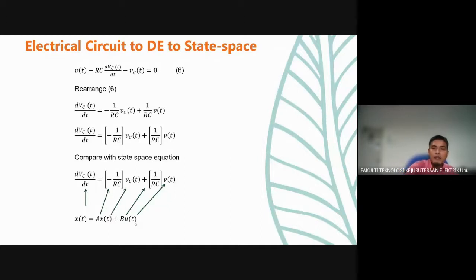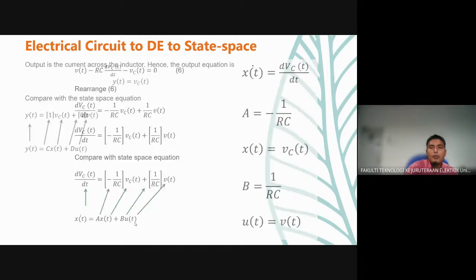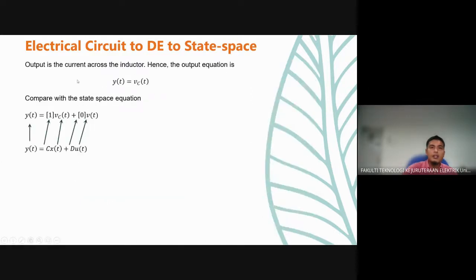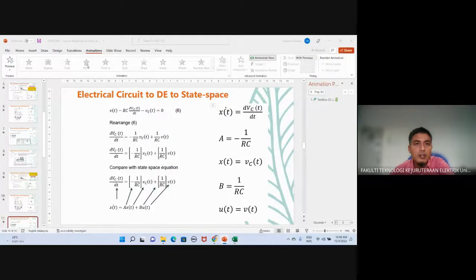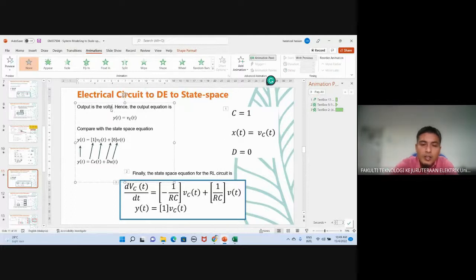So the rest that we have not completed yet is our y(t) equation, the output equation. Based on the question, the output is the voltage across the capacitor.